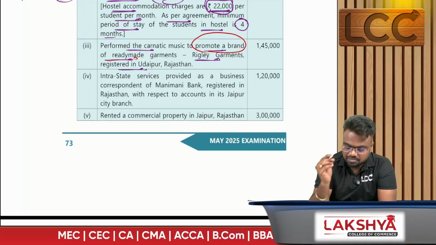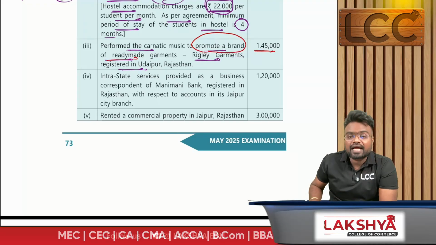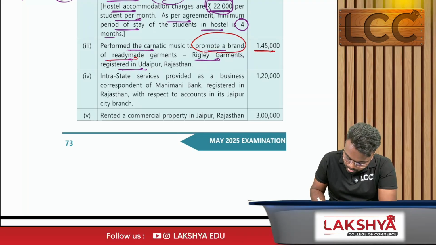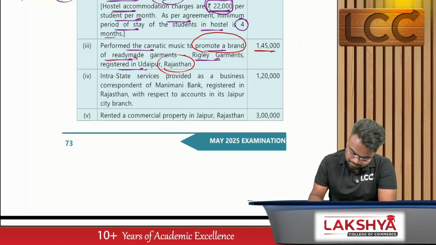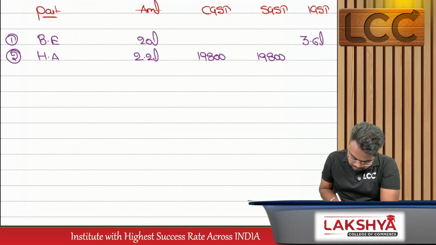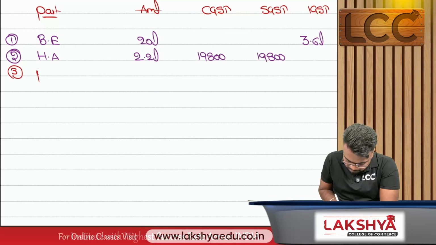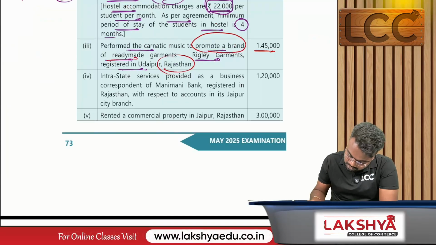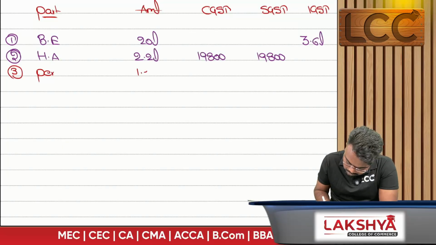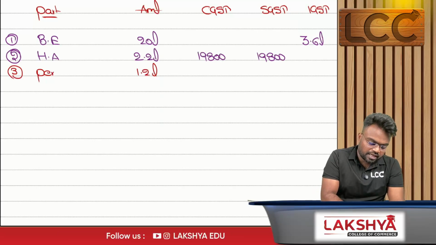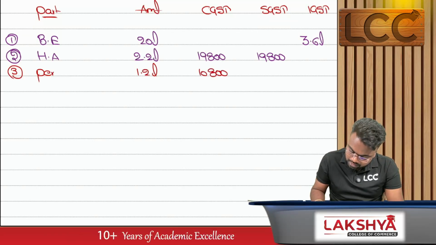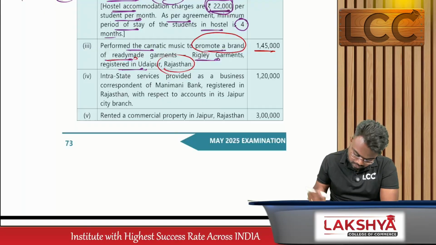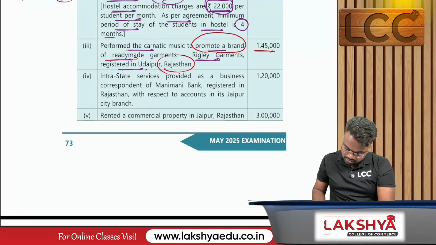There is no exemption. On what amount? 1,45,000. So place Rajasthan and Rajasthan. So CGST and SGST. Third one is performance. What is the amount? 1.2 lakhs. So 1,20,000 into 9%, 10,800 and 10,800. Okay now, so we are done with 3 points.